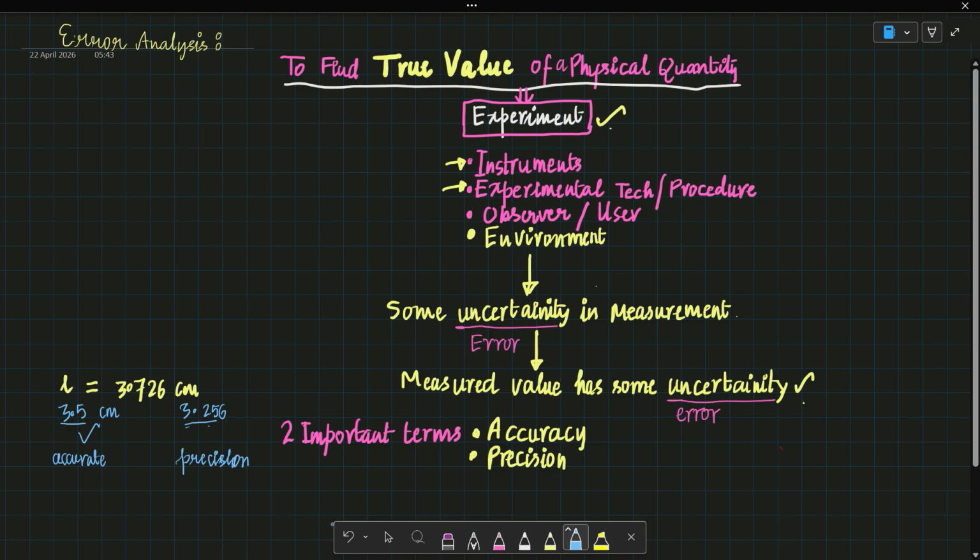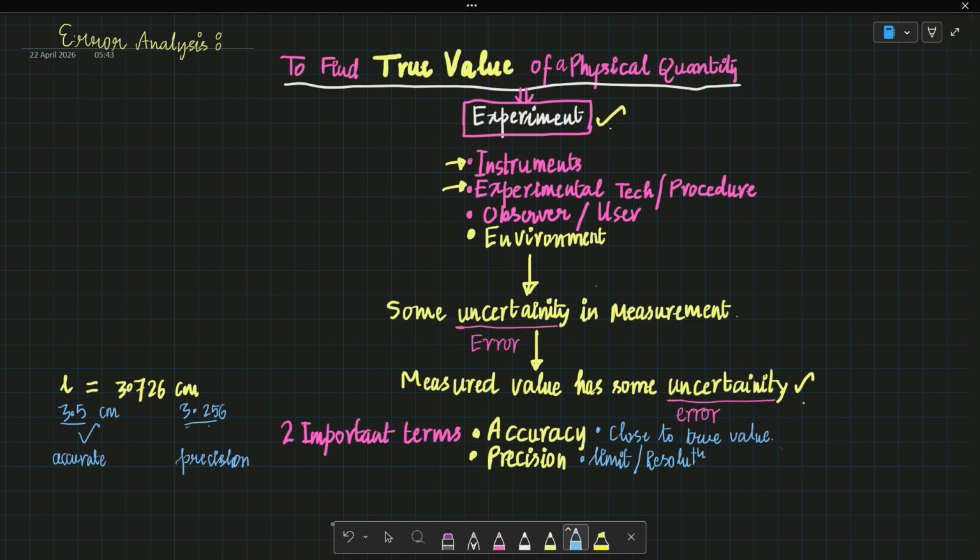So precision also means what is the limit of measurement, what is the limit of the instrument, or you can say what is the resolution of the instrument, how small a reading this instrument can take. So accuracy means how close it is to the true value.